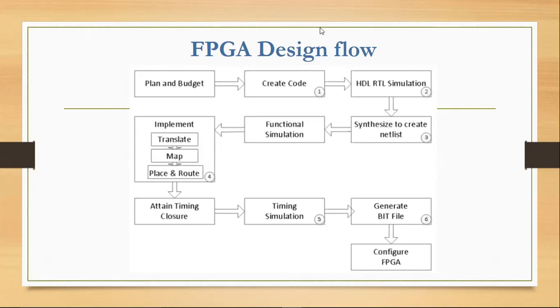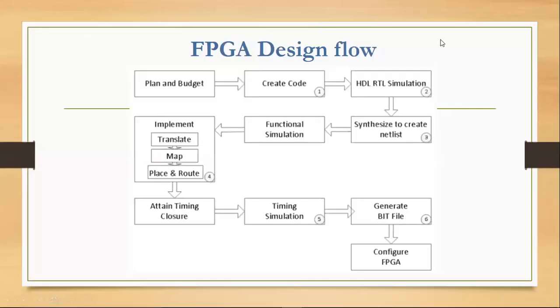Immediately after this translation, we go to mapping. Here it maps the logic defined by an NGD file into FPGA elements such as CLBs and IOBs, configurable logic blocks and input-output blocks. The output design of this map is a native circuit description file, that is called NCD.